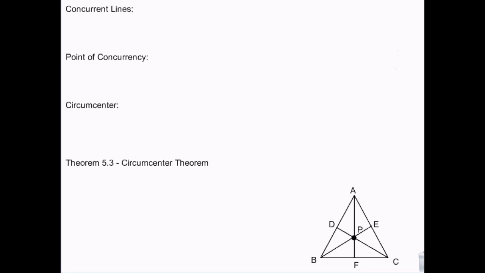All right, then we have this concept of concurrent lines. Concurrent lines occur when 3 or more lines intersect. Okay, so if 2 lines intersect, they're just intersecting lines. But if you have 3 or more lines that intersect at a common point, these are called concurrent lines.